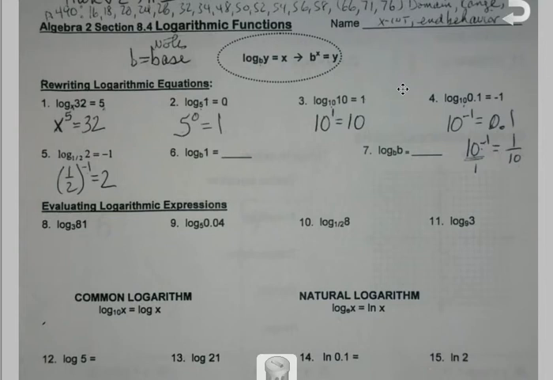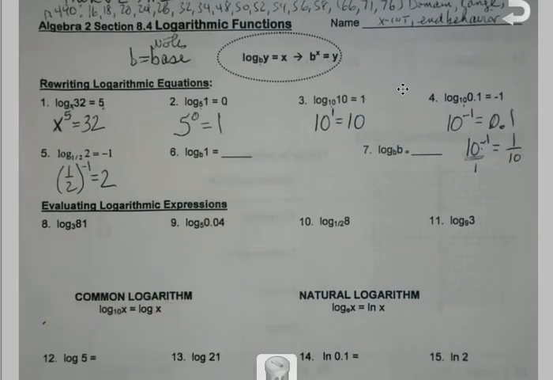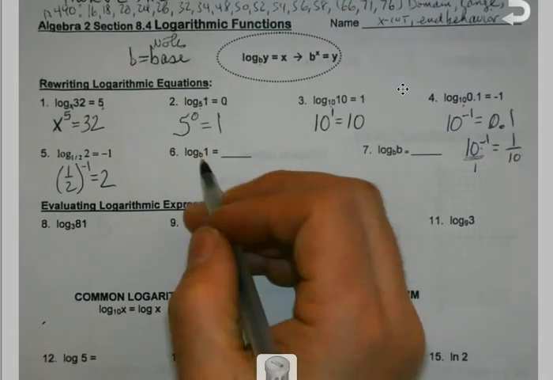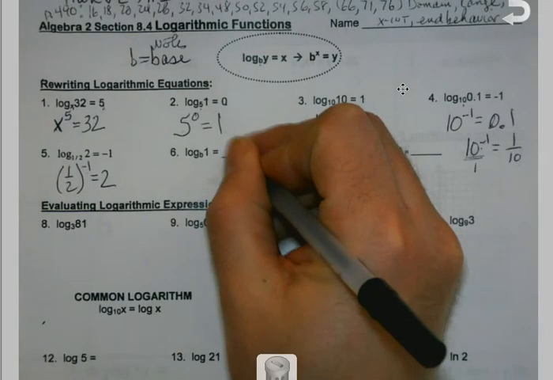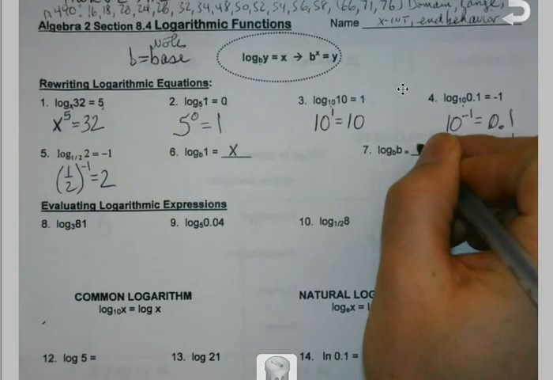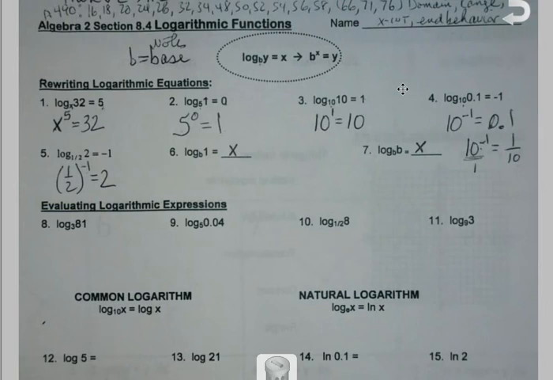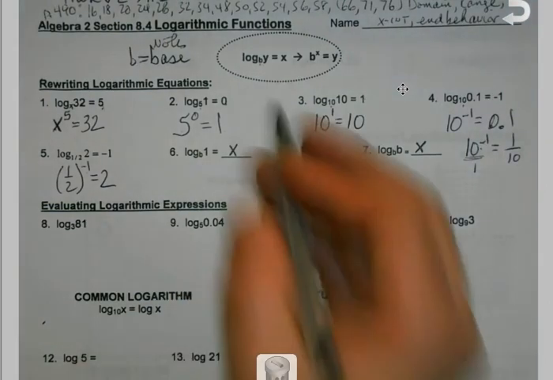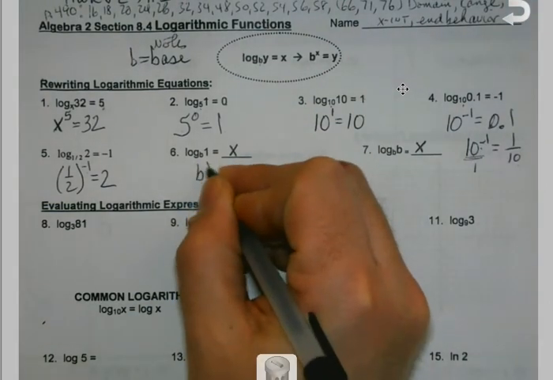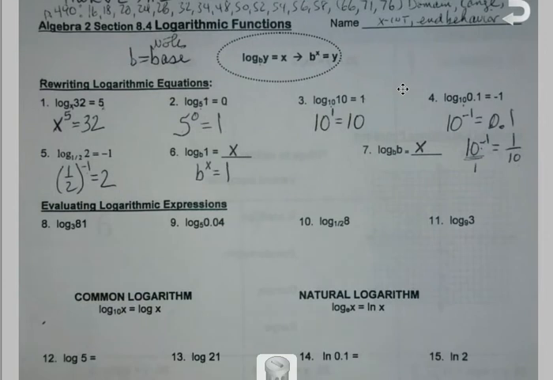You're like, well, wait a minute, what about these next ones? There's nothing here. Okay? Typically, if you get something like this, I like to refer to the equals part as x because that's what I'm trying to figure out. So b to the x equals 1. Now, what if I ask you to actually figure out what x equals?